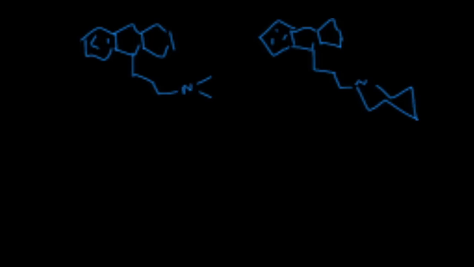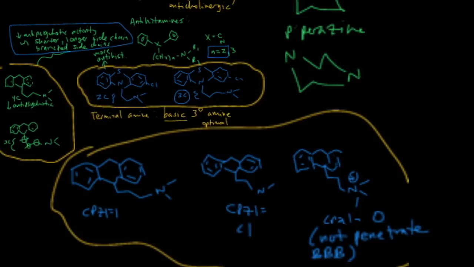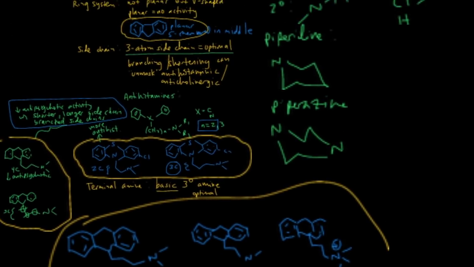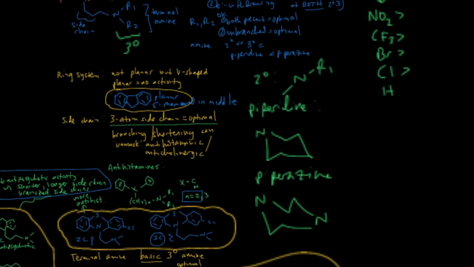Okay, so here's your tertiary amine, your piperidine ring. Everything else being equal, so the scaffold and the 3-carbon chain are all equal. You're only changing the 3-carbon amine and the piperidine ring. I said earlier that in your amines, your tertiary amine is equipotent to your piperidine ring, or equally active.